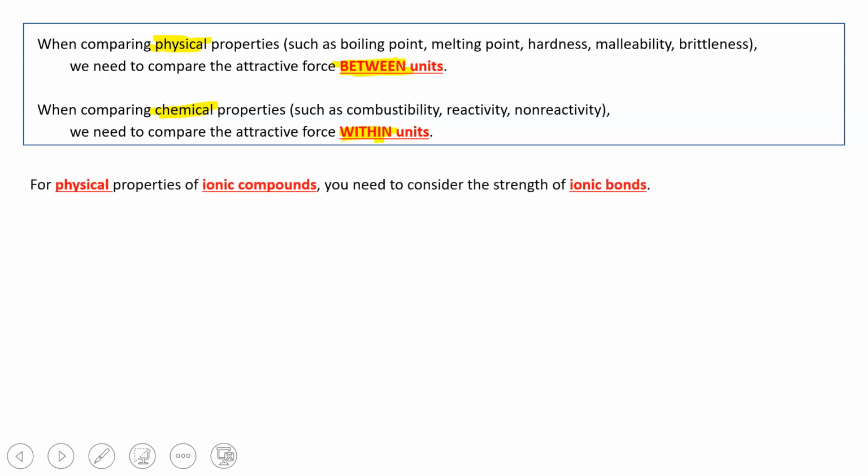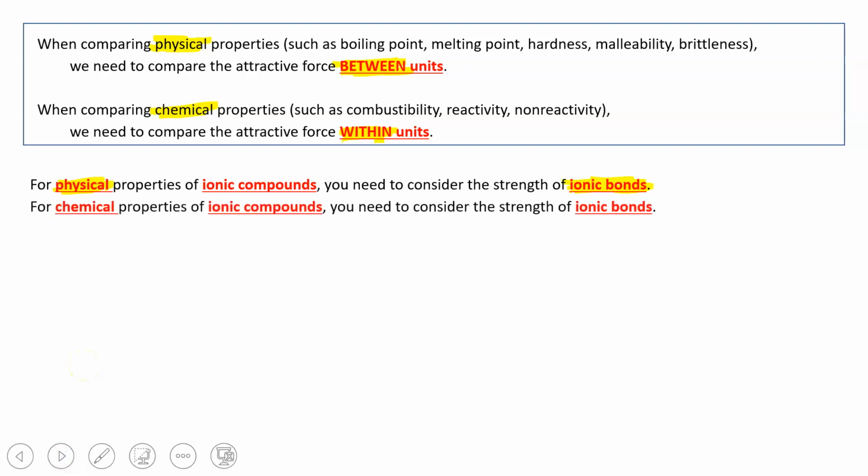For physical properties of ionic compounds, you need to consider the strength of ionic bonds, because there are ionic bonds holding the units together. So even for physical properties, we need to consider the strength of the ionic bond if it's an ionic compound. For chemical properties of ionic compounds, you need to consider the strength of your ionic bonds.